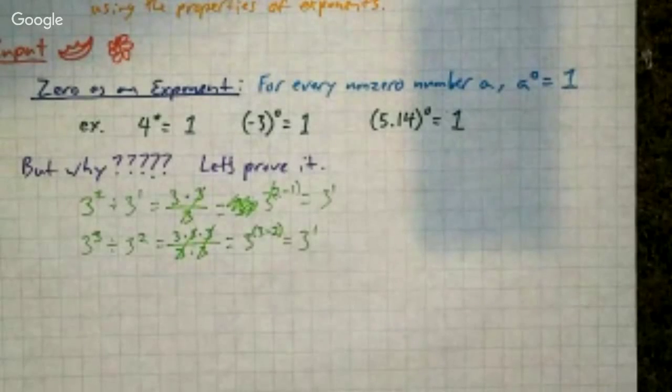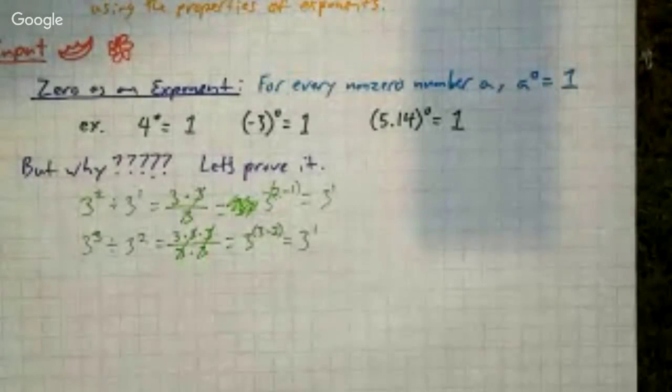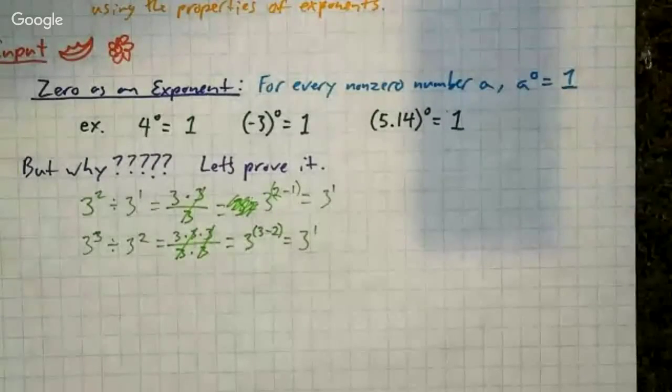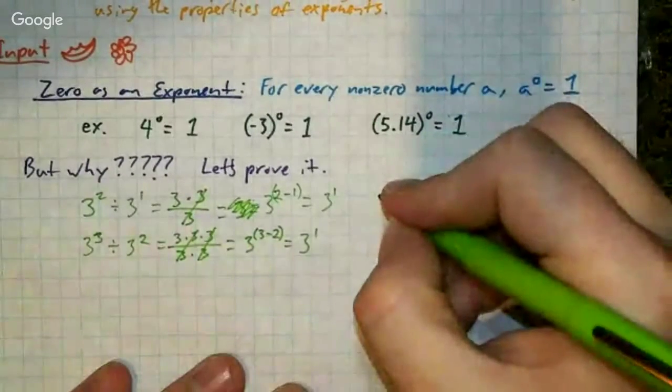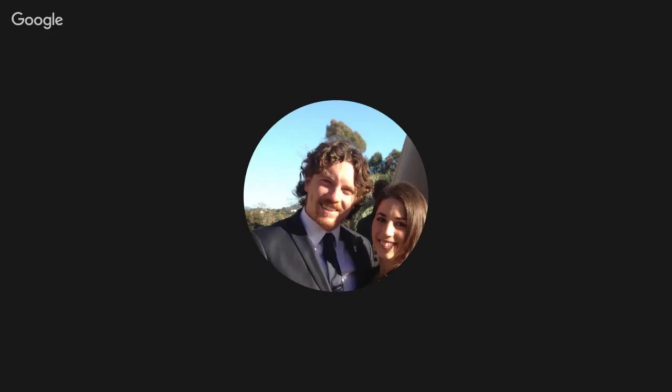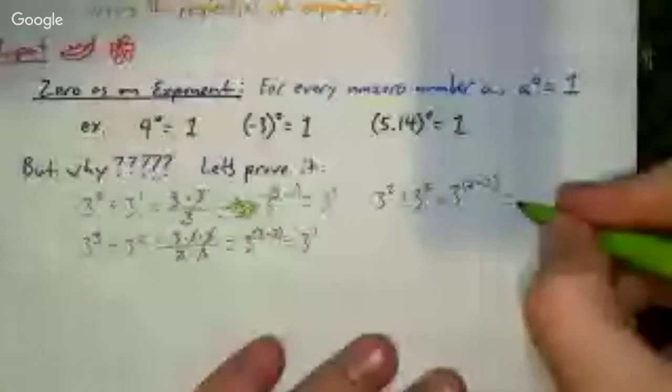So what if we had this with 2 of the same numbers? Let's say we had something to the power of 2 divided by 3 to the power of 2, which would be 3 to the power of 0.